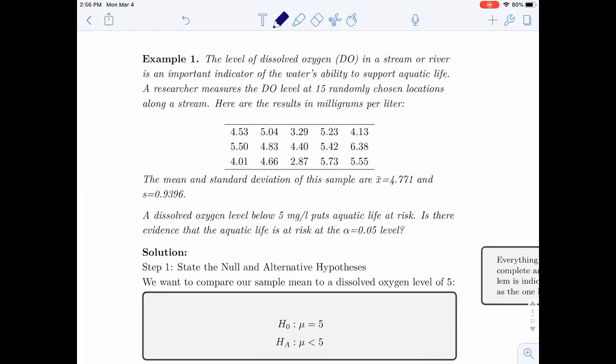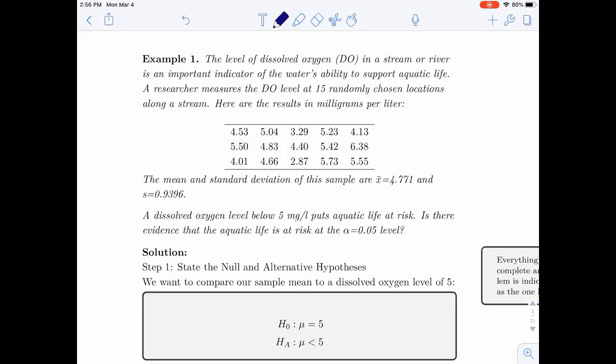So, the level of dissolved oxygen in a stream or river is an important indicator of the water's ability to support aquatic life. It sounds important. A researcher measures the dissolved oxygen level at 15 randomly chosen locations along a stream. Here are the results in milligrams per liter. And so we've got a stream that we're concerned about.